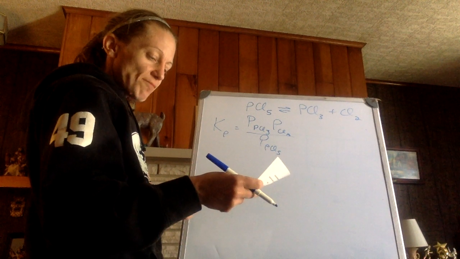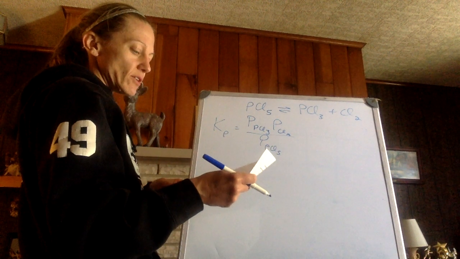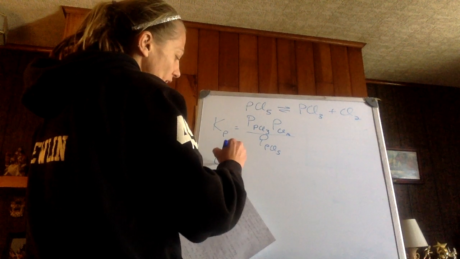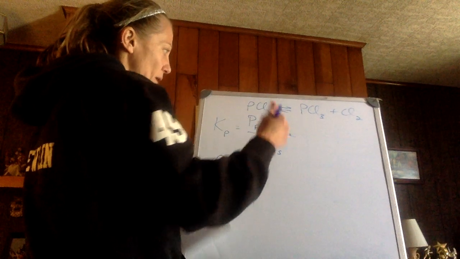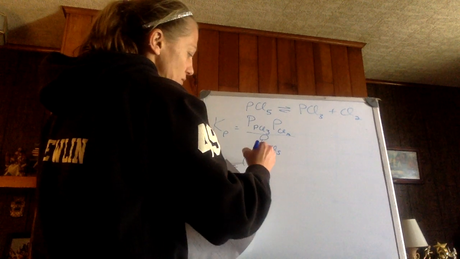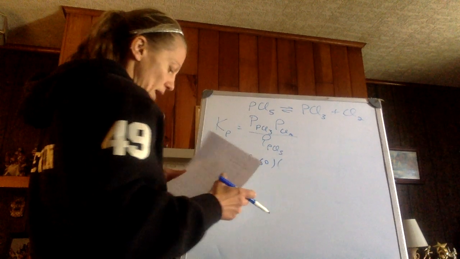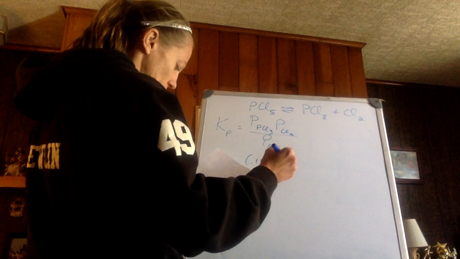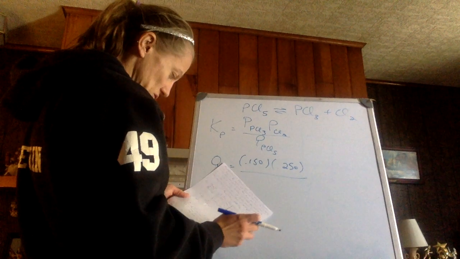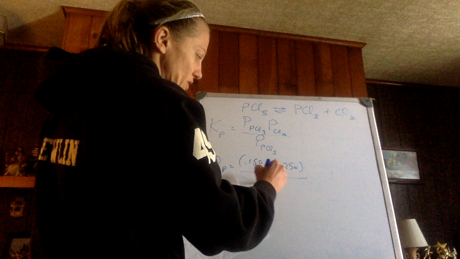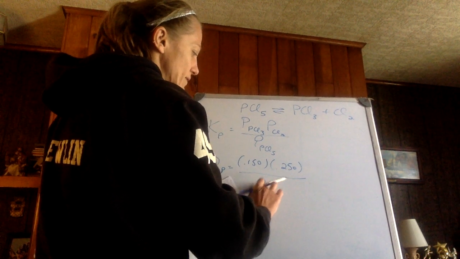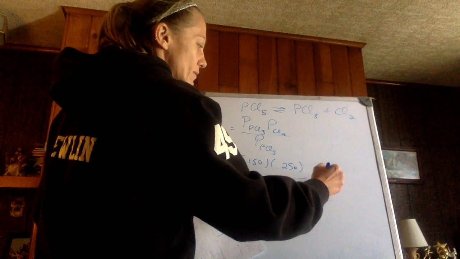Now, I gave partial pressures and a Kp value. Those partial pressures, it says, aren't at equilibrium. So if I want to calculate Q, my pressure of PCl3 is 0.150, my pressure of Cl2 is 0.250, and my pressure of PCl5 is 0.0500.